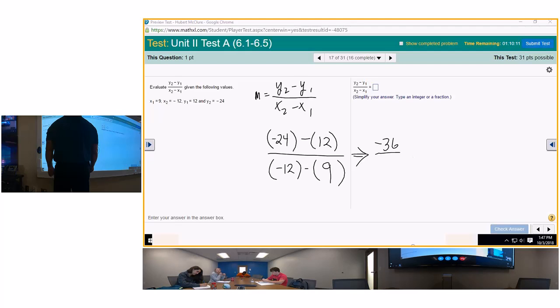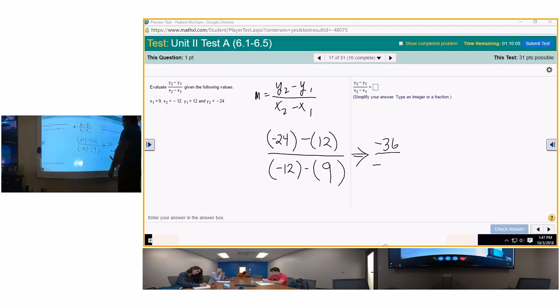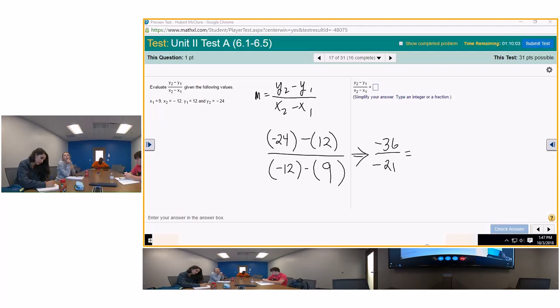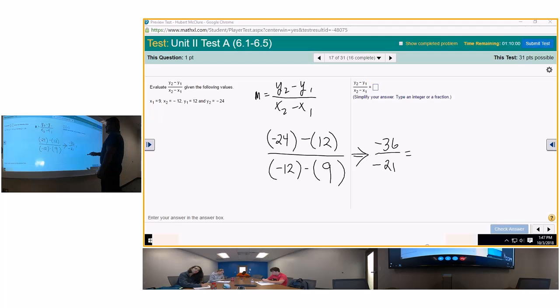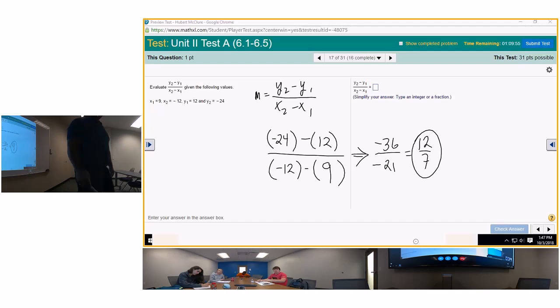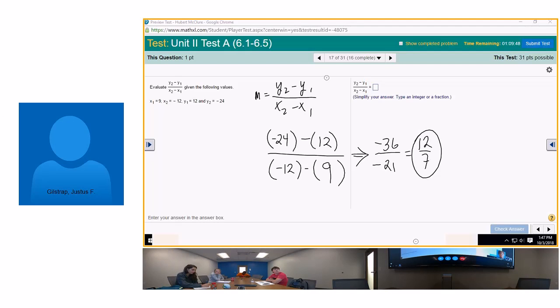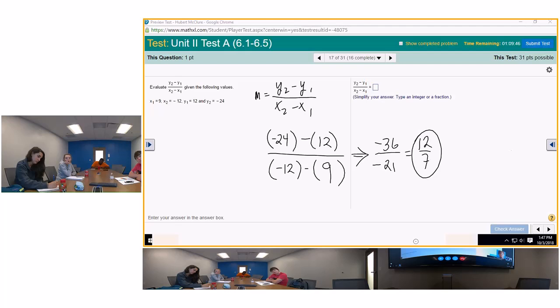Negative 12 minus 9 is negative what? 21? Somebody help me out. That's going to be positive, 3 will go into 12 over 7. Somebody check my reducing, make sure I did the math right.